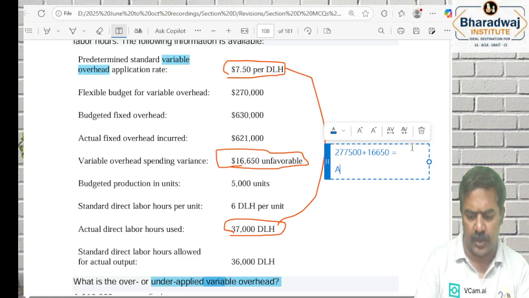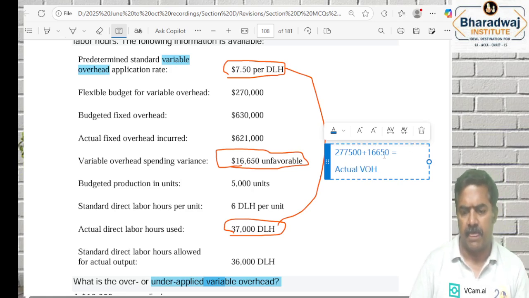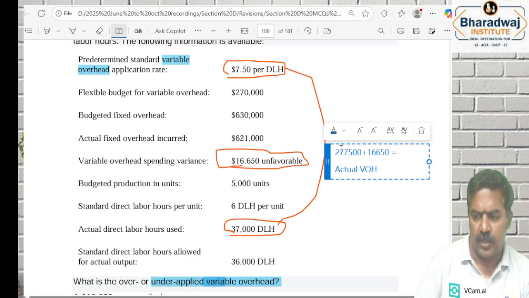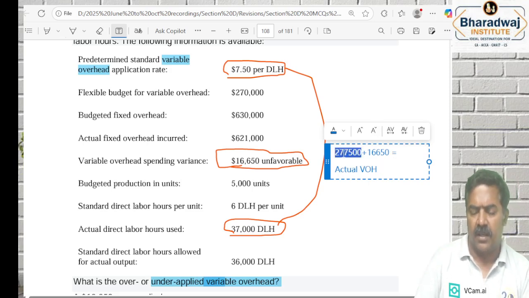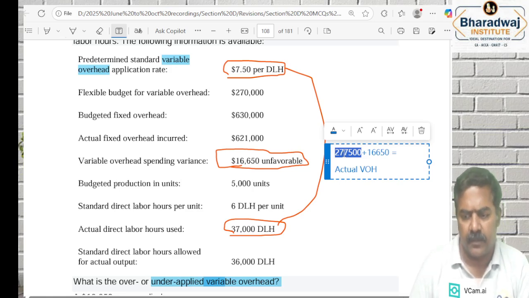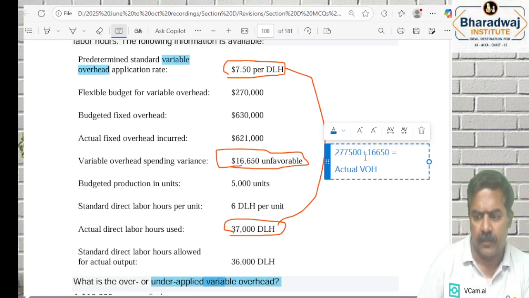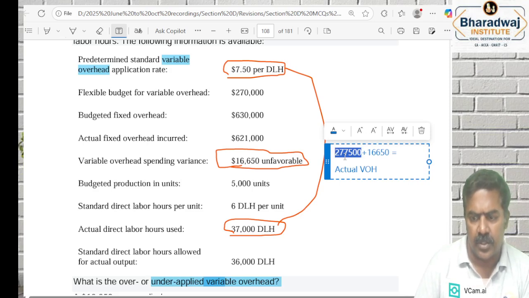This will give us the actual expenses, actual variable overheads. 2,77,500 is the variable overheads actually allowed. 277,500 plus 16,650.